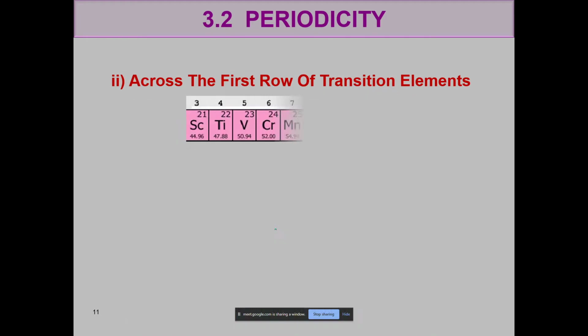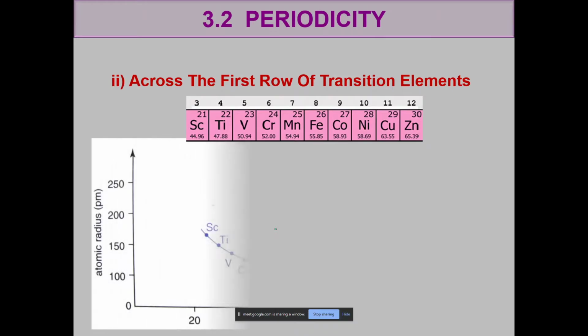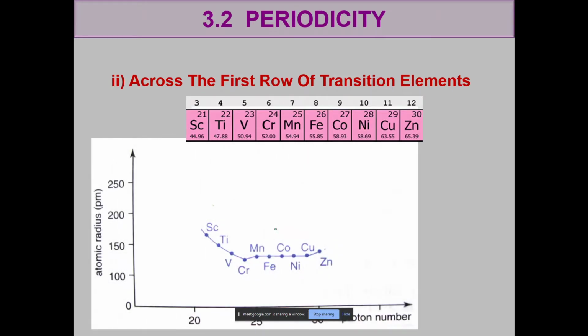So the first row of transition elements, kalau you see, dia punya atomic radii daripada scandium, titanium, vanadium, chromium, dia makin kecil dia punya size. And then dekat manganese, iron, cobalt, nickel, copper dengan zinc, dia jadi sama je, tak banyak beza.